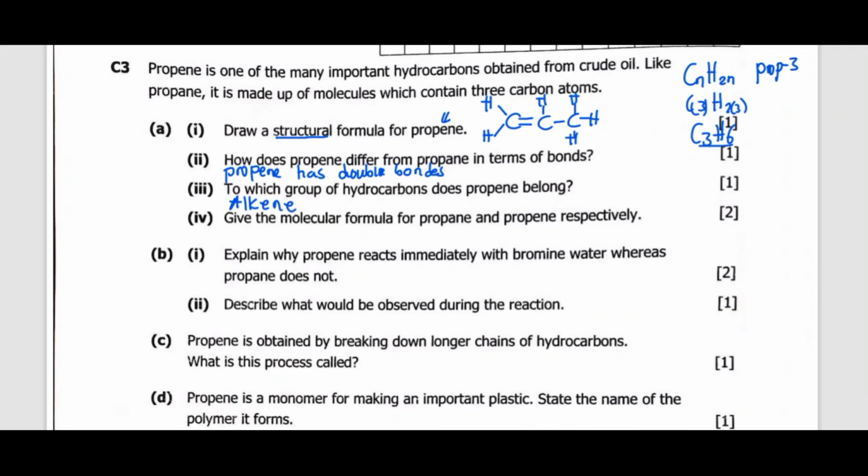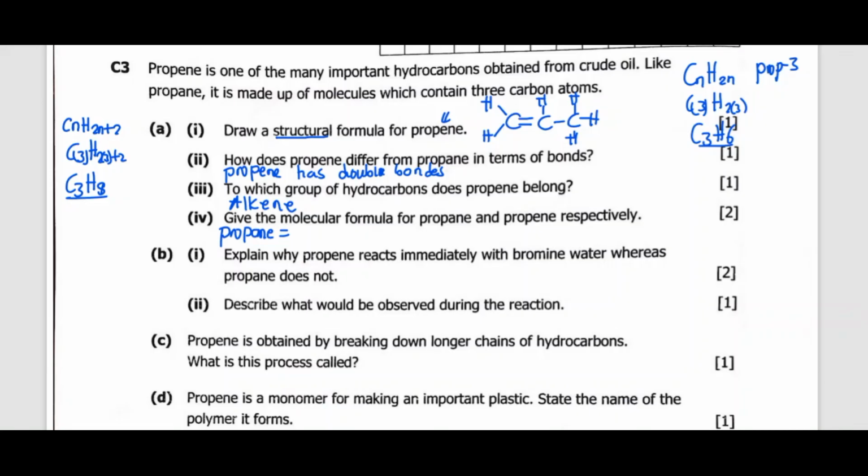Then give the molecular formula for propane and propene respectively. Let's find for propane. Propane is an alkane, so we need to use CnH2n+2. We have C3, so C times 3 is C3, 2 times 3 is 6, plus 2 is 8.